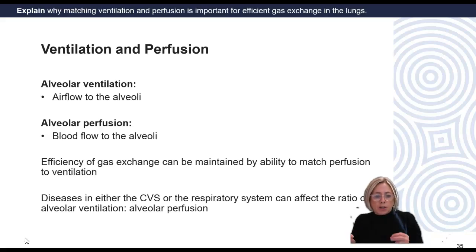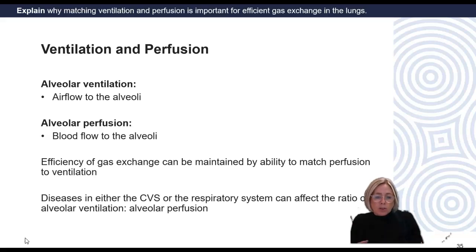And they are usually very accurately matched so that blood flowing through the pulmonary capillaries is properly oxygenated. However, diseases in either the cardiovascular system, so say not enough blood is getting to the alveoli, or let's say there's not enough oxygenated air entering the alveoli.